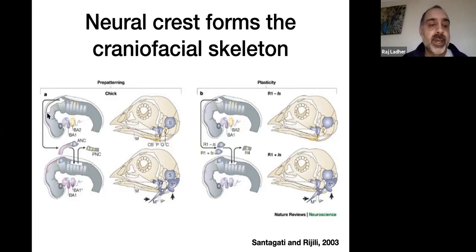And so here, for example, she's been taking crest that's from the midbrain and forebrain that should give rise to branchial arch 1, and then transplanting it further down. And so removing this part of the embryo and replacing it with this crest here. So we're having two streams of crest that are forming branchial arch 1.